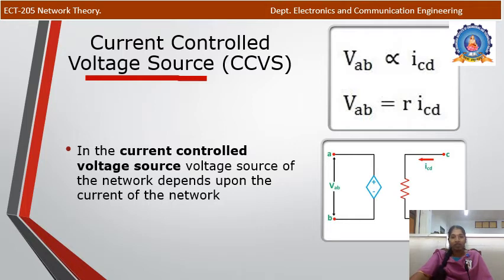This voltage depends on the current in the circuit. Here the current through the resistor is taken as ICD. So VAB is equal to R times ICD, where R is some proportionality constant that depends on the resistance. So in the current controlled voltage source, the source voltage depends on the current of the network.